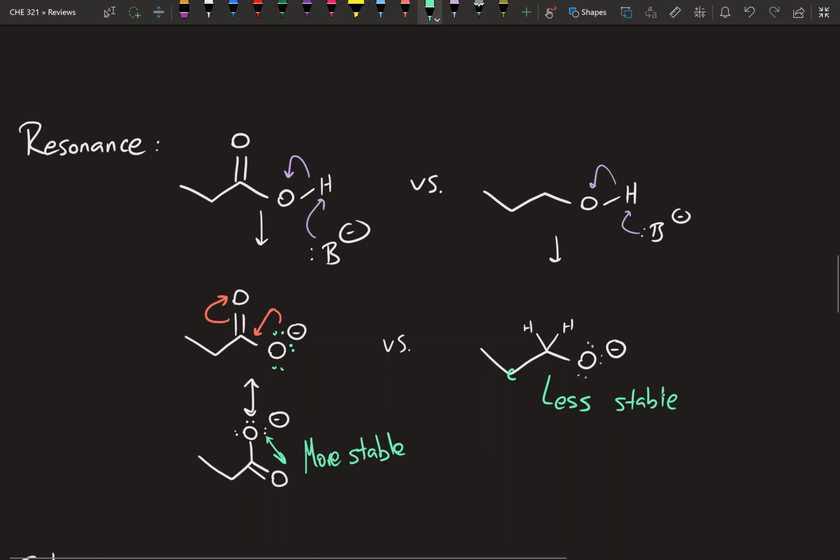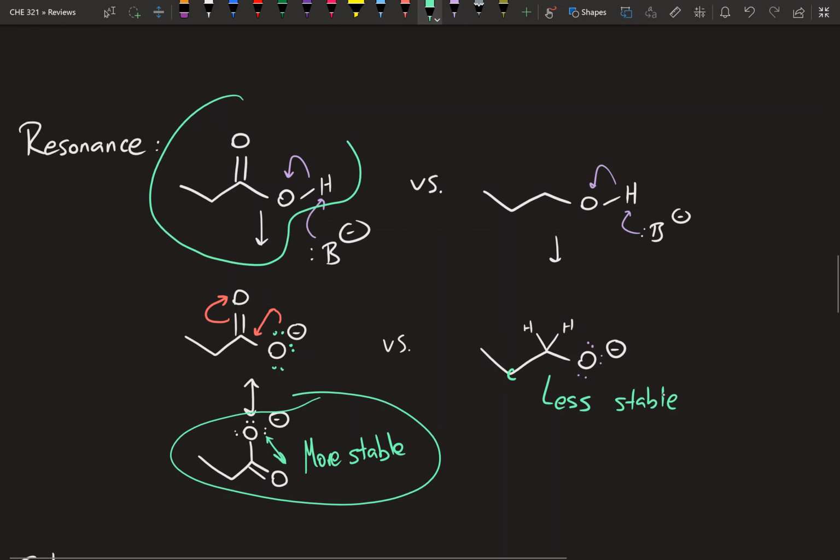To figure out which one is more acidic, remember the basic principle: the more stable your conjugate base is, the more readily your acid will give up a proton, which means it is more acidic. Which one is the more stable one? We said it's this one. So by definition, this is going to be the more acidic compound.